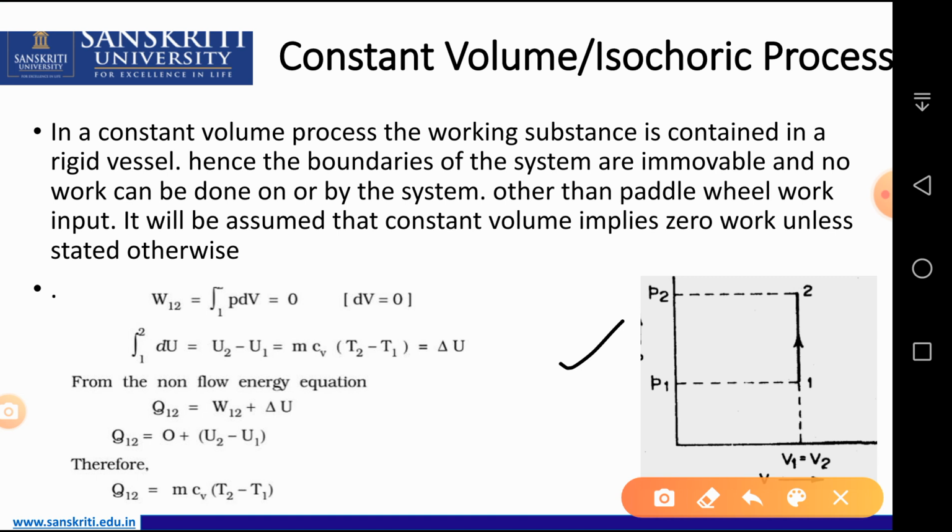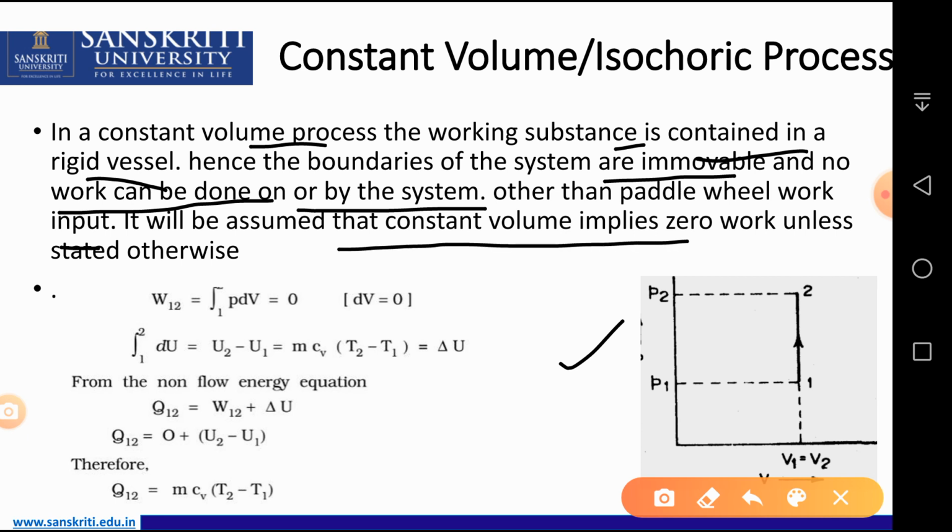In a constant volume process, the working substance is contained in a rigid vessel. Hence, the boundary of the system is immovable and no work can be done on the system, other than paddle wheel work input. It is assumed that constant volume implies zero work.